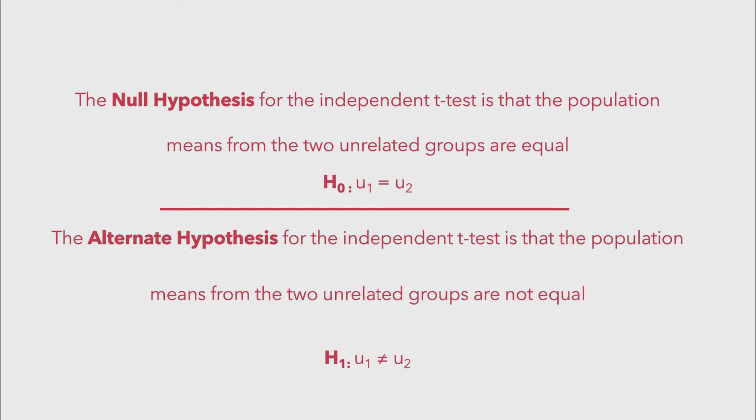Before moving to the application in SPSS, we need to define our null hypothesis and alternate hypothesis. The null hypothesis for this independent t-test is that the population means of the two unrelated groups are equal.